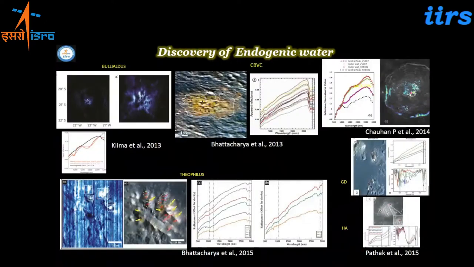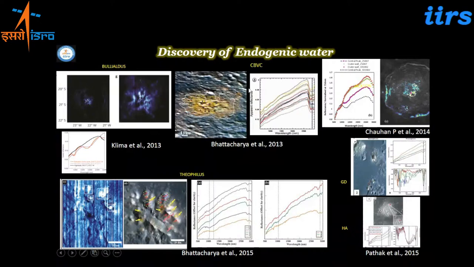Then besides this exogenic water, endogenic water has been detected through M-Cube from various lithologies and from various regions. This is Bullialdus crater, whose central peak is of noritic composition, from where water was reported. Along with this is the norite spectra consisting of orthopyroxene, and this is the water absorption.